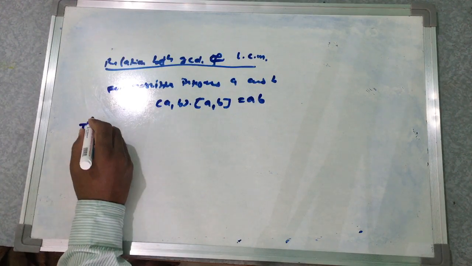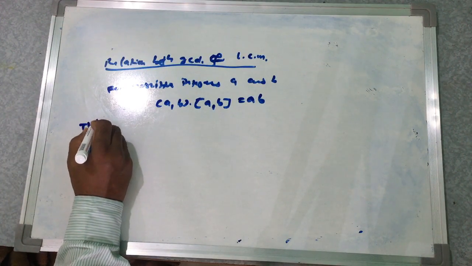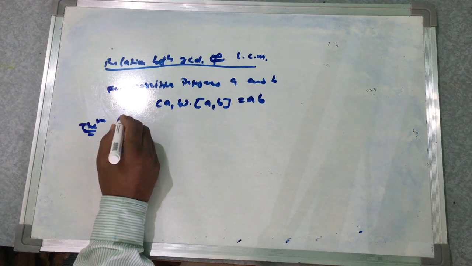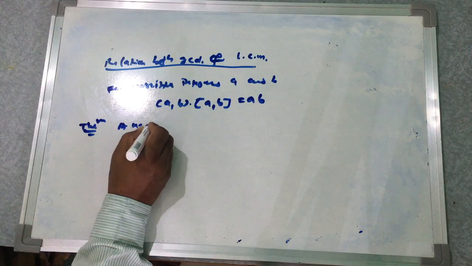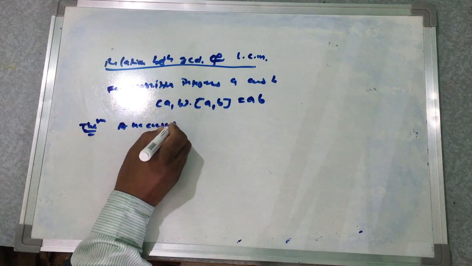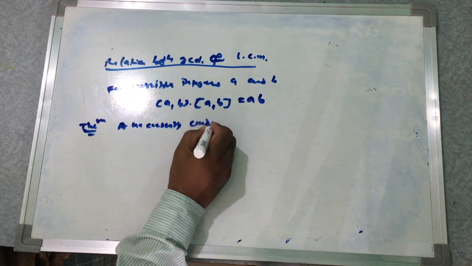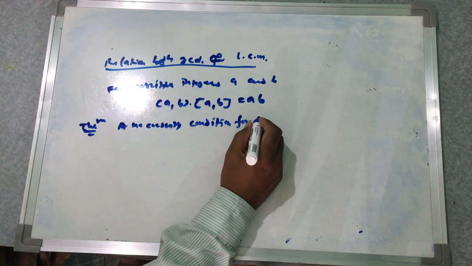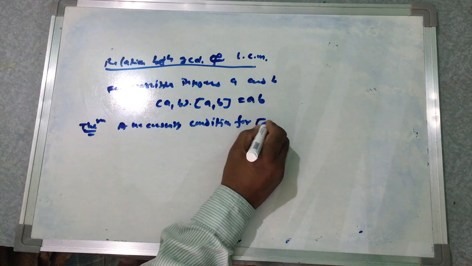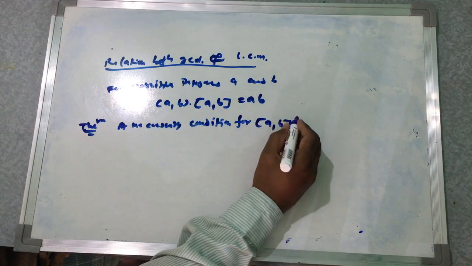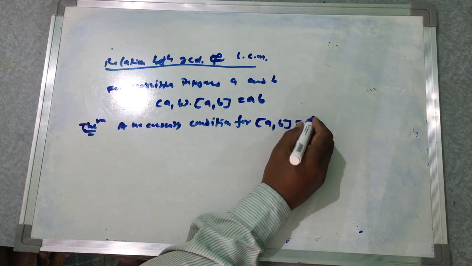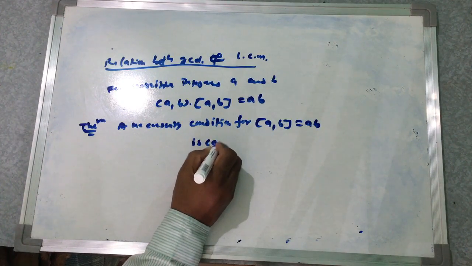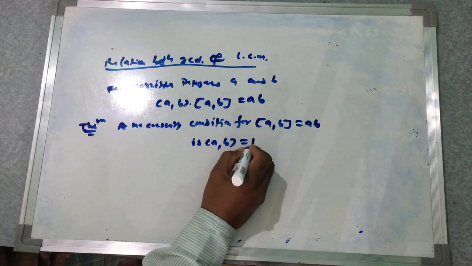Now the theorem: a necessary and sufficient condition for this [a, b] to be equal to ab is that (a, b) is equal to 1.